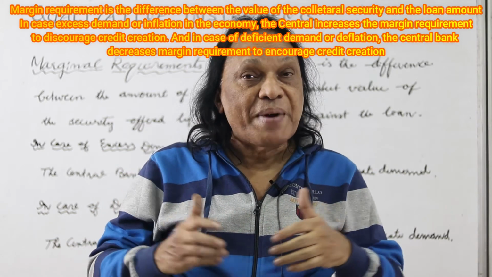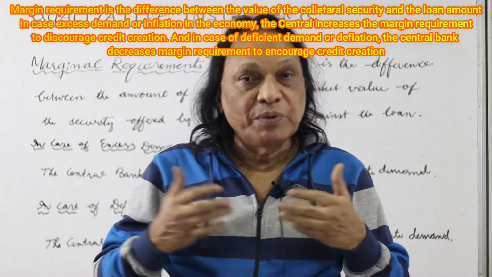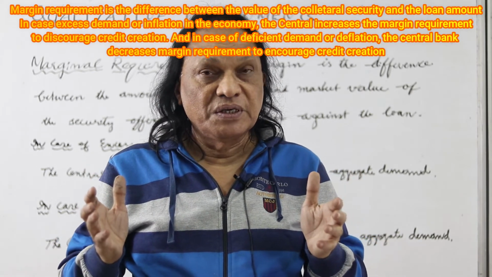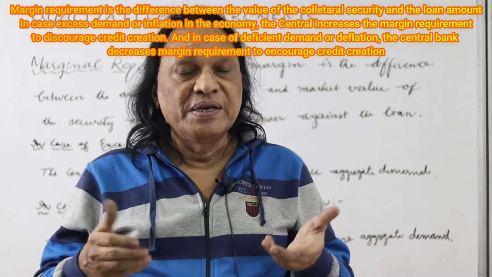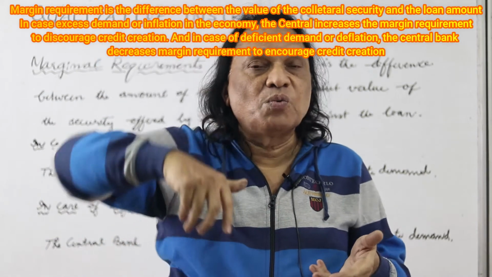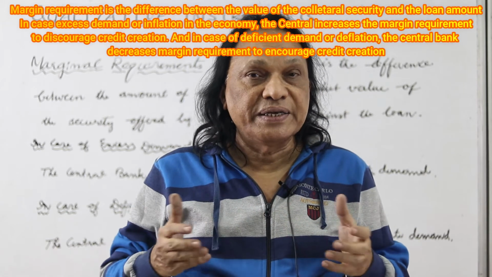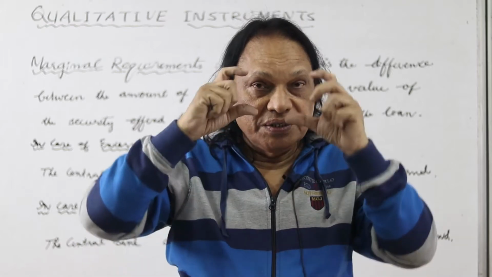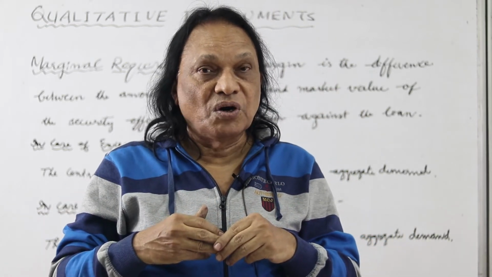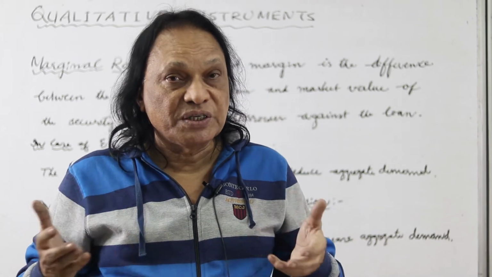Whenever the commercial banks give credit, we are supposed to keep some mortgage in terms of property or securities. So when you have a property worth 1 lakh, you might be getting a loan of 80,000. That means the margin is 20%, or they give you a loan of 60,000, the margin is 40%.